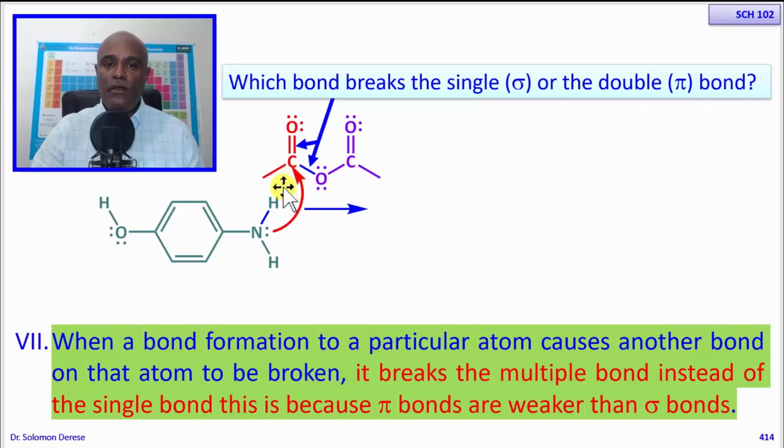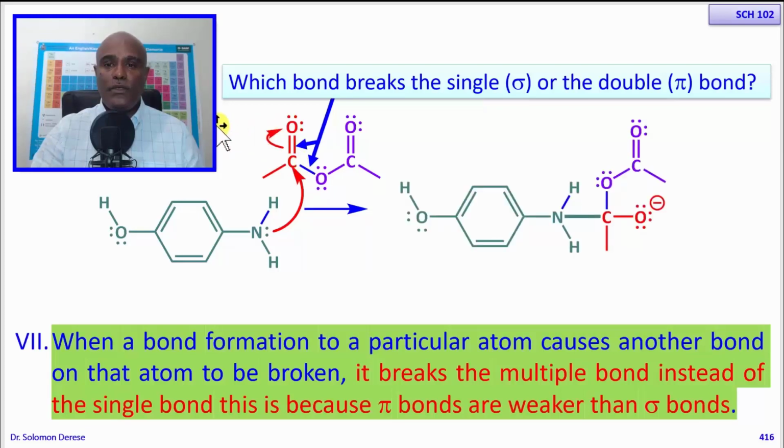If you have a scenario of a pi bond and a sigma bond, since pi bonds are weaker than sigma bonds, the bond that's going to break will be the weaker bond, the pi bond. So this pi bond breaks and not the sigma bond.